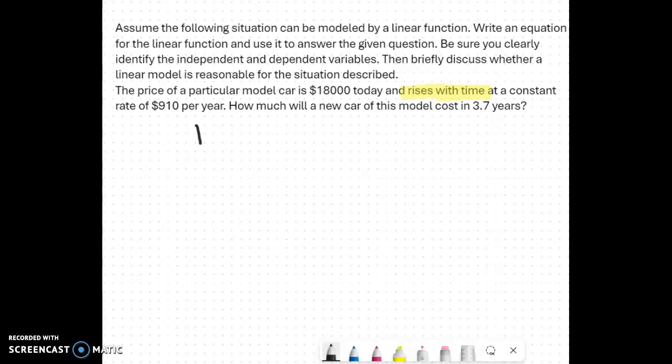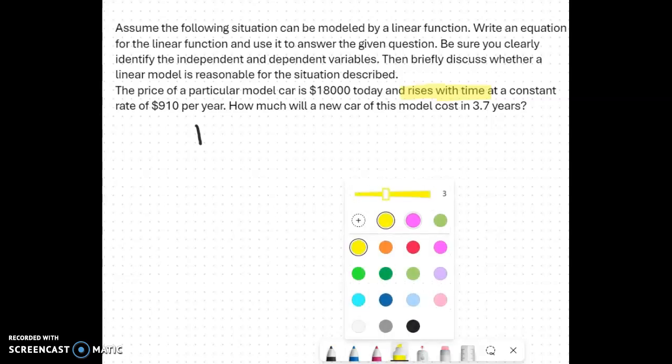When we are looking at this, let's pick out the two variables. The price of the car, that's one variable. And then the time.